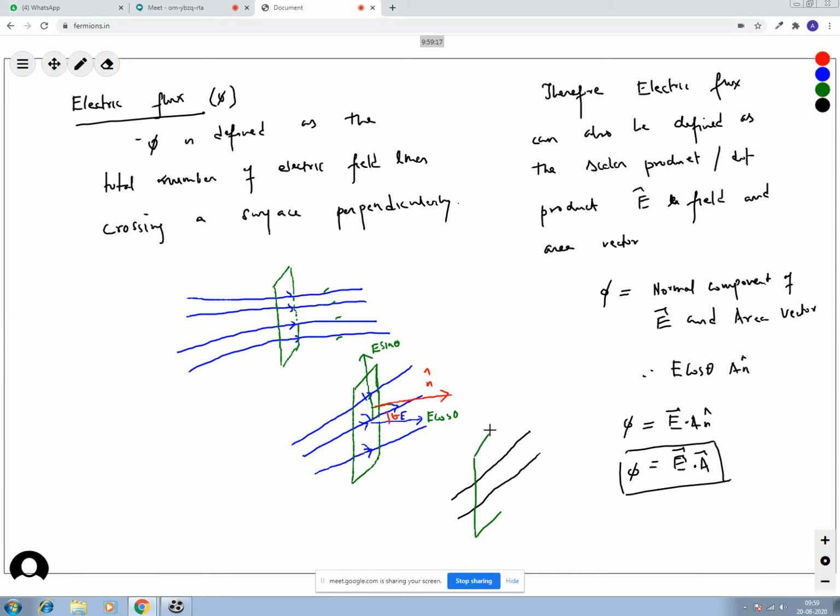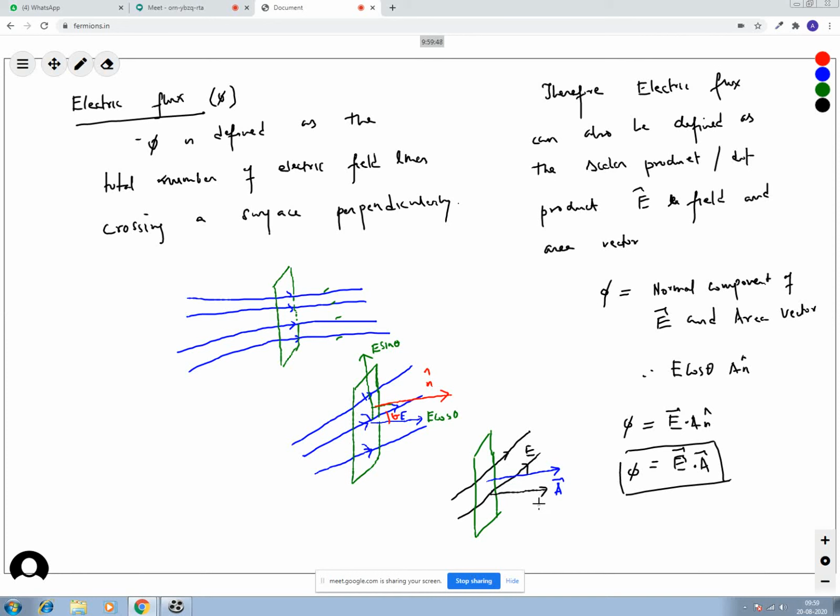So again, I am drawing the diagram properly. If these are the electric field lines going this way, and this is any hypothetical area, then the area vector's direction is this side. This is the A vector.